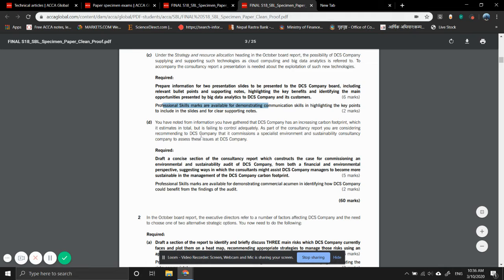You have noted from information you have gathered that DCS has an increasing carbon footprint, which it estimates in total but is failing to control adequately. As part of the consultancy report, you are considering recommending to DCS company that it commissions a specialist environment and sustainability consultancy company to assess these issues at DCS.